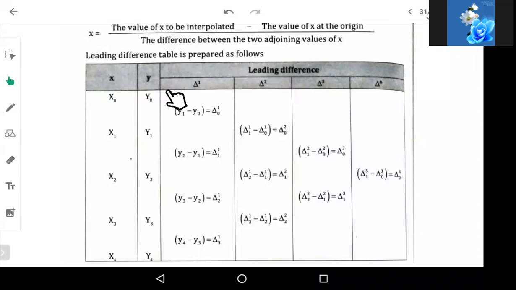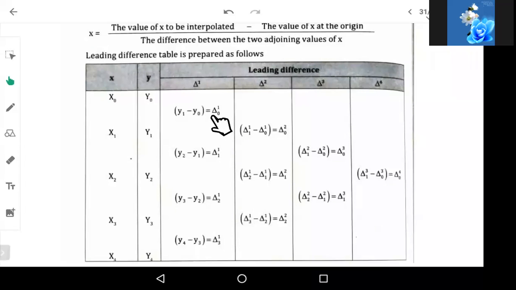Here the values start from y0, and how many data do we have? We have 1, 2, 3, 4, 5. We have 5 data, correct? Take the differences of y. y1 minus y0 will give you the first leading difference.